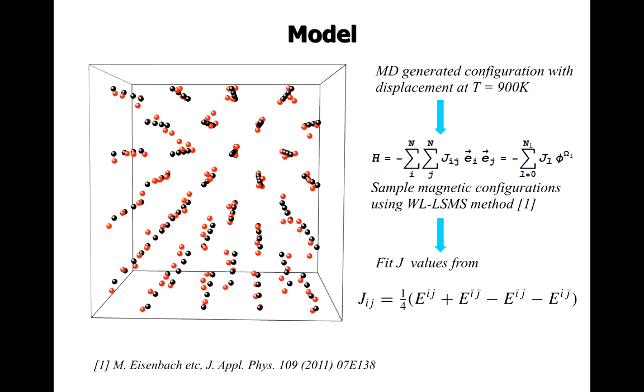So each pair now has a different exchange interaction. So to get all the pair exchanges in even this small sample of 128 atoms that you see here, we still need many tens of thousands of energy calculations.